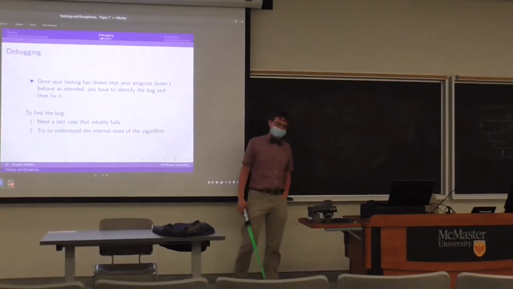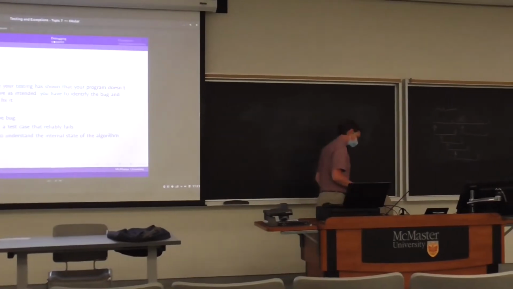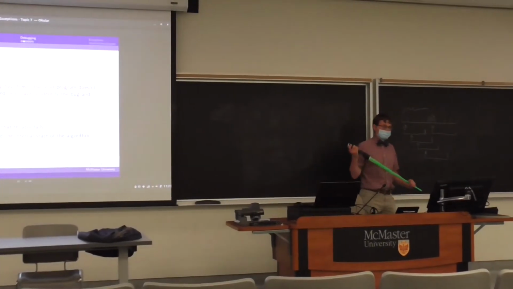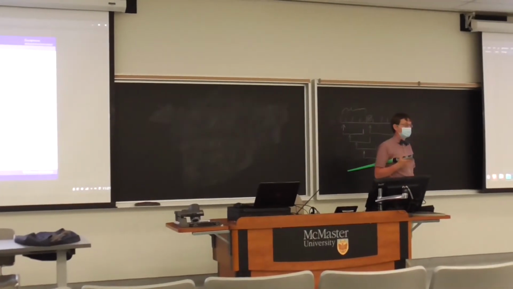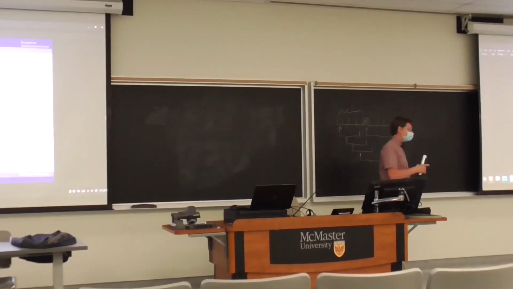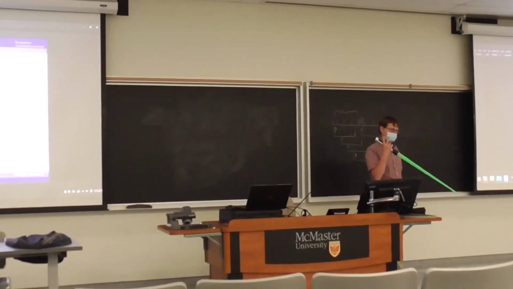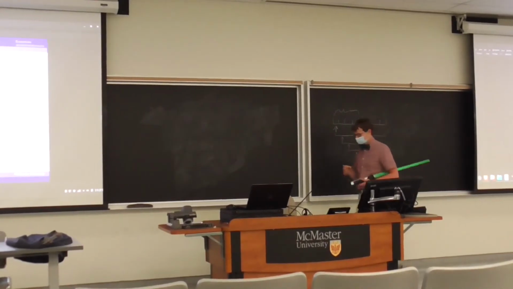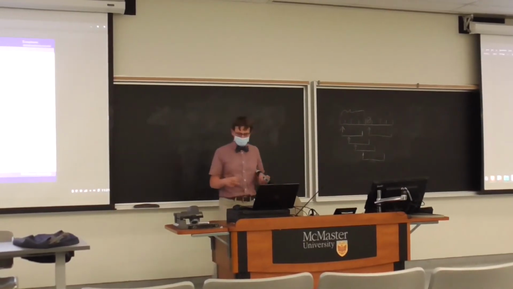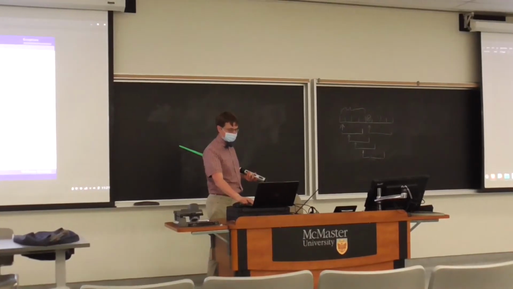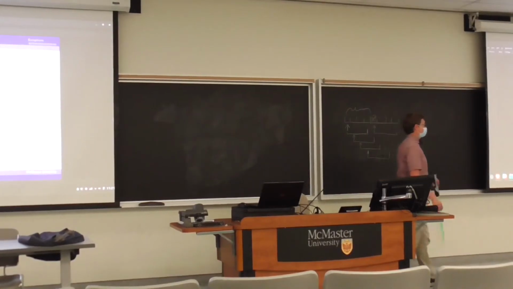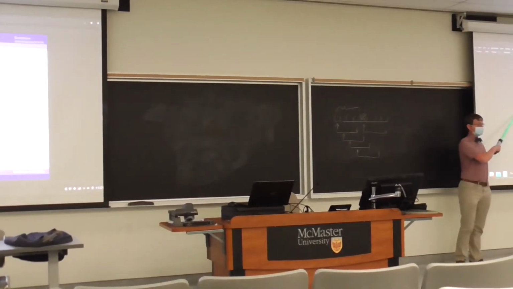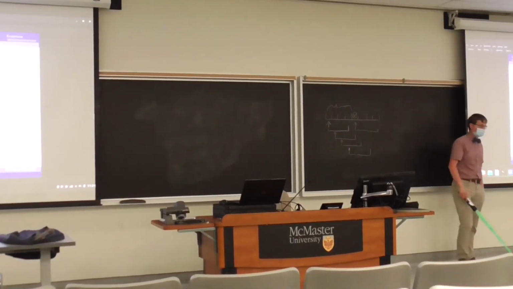Good. So to understand the internal state of an algorithm, we have basically two main methodologies, right? The first is our good friend, the print statement, also known as performing a trace, right?